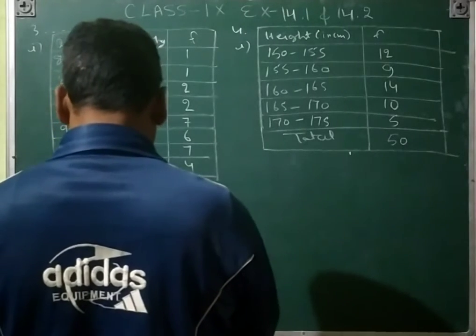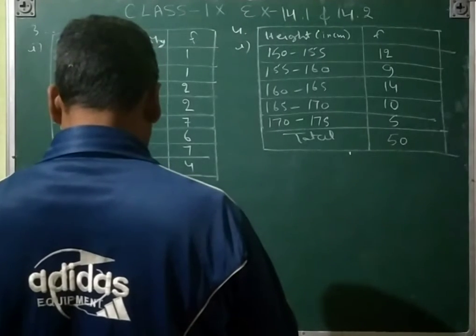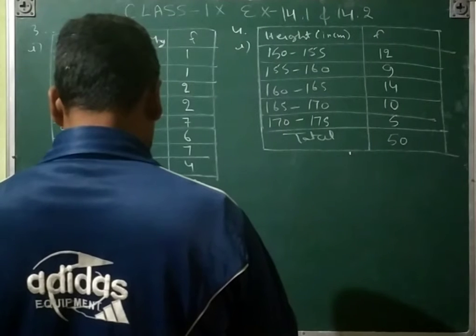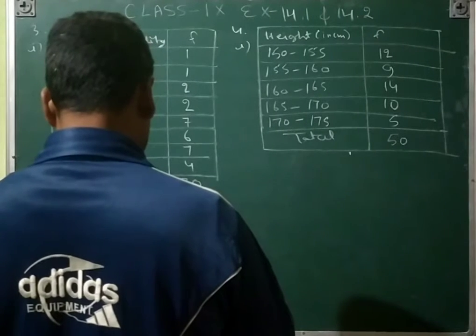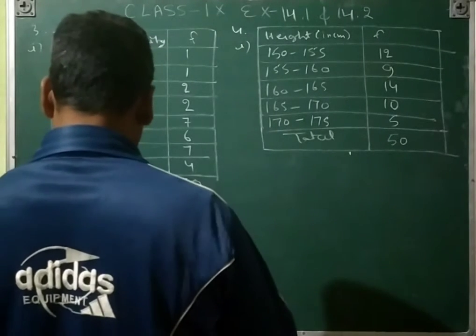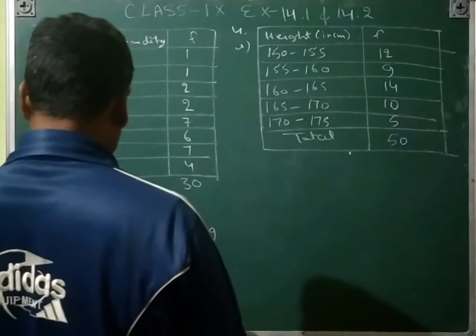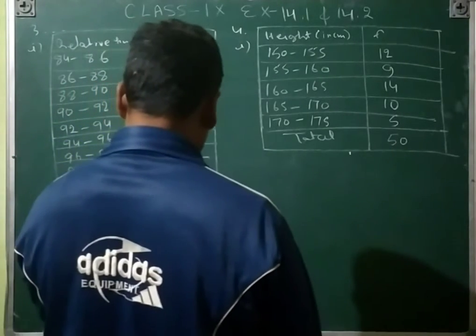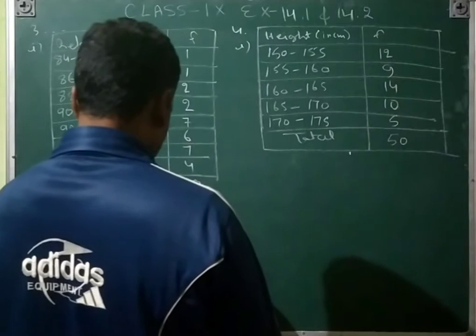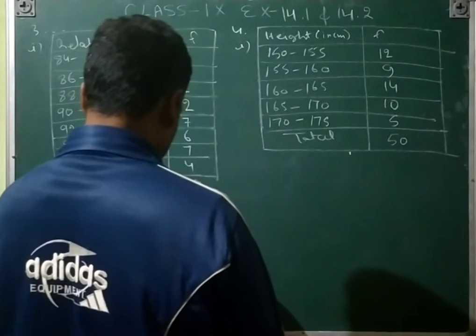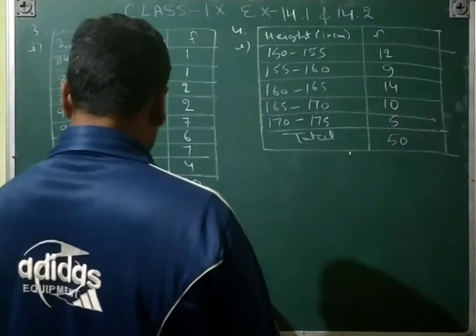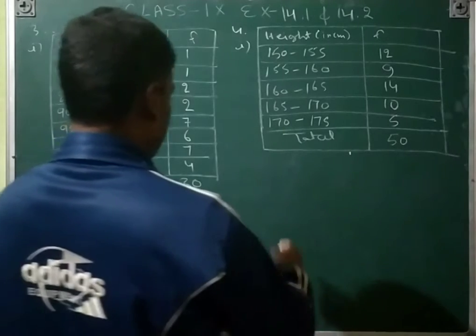The second part is asking, what can you conclude about their height from the table? The conclusion we can draw from the above table is that more than 50% of students are shorter than 165.